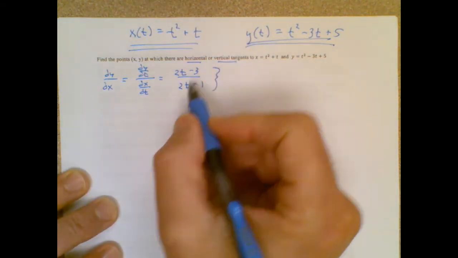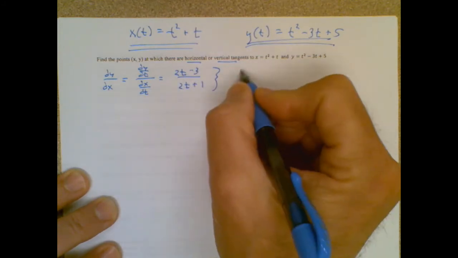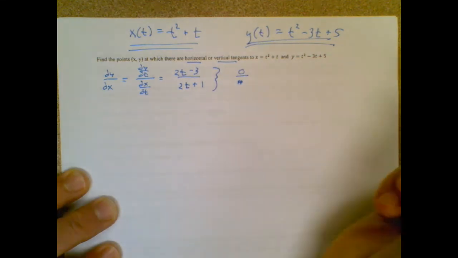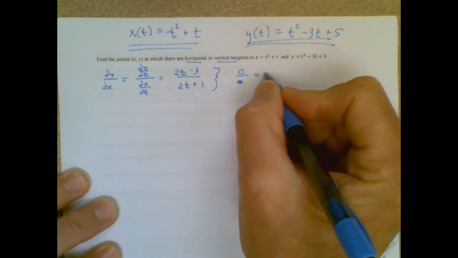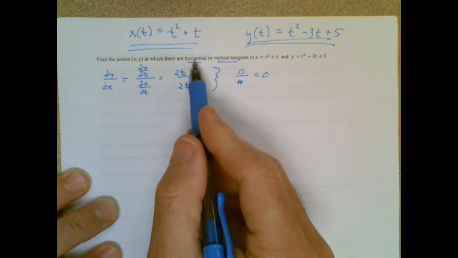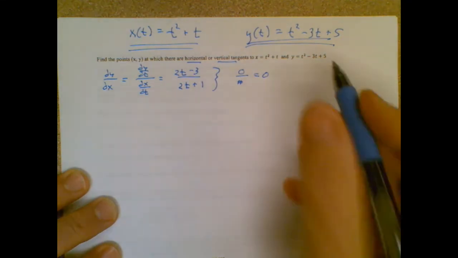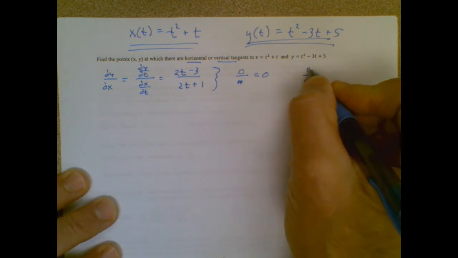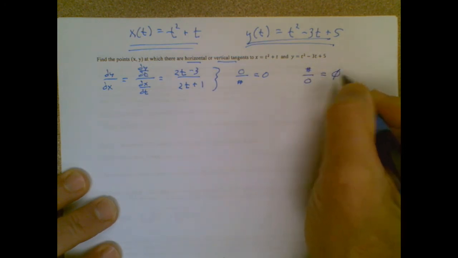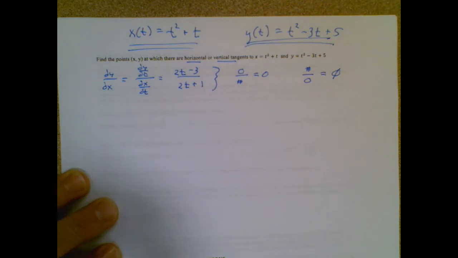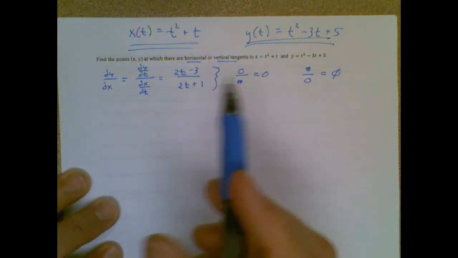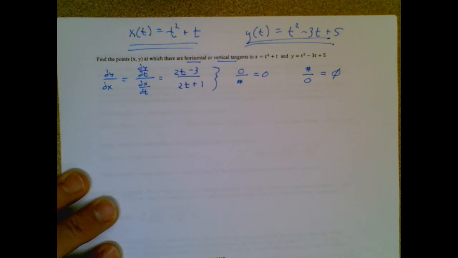So for example, when a fraction has a numerator of 0, no matter what's on the denominator, as long as that's not a 0, then the final result is a 0, which is the slope of a horizontal tangent. When a fraction has a 0 in the denominator, what you end up with is an undefined result, which would be a vertical tangent. So you really enjoy having a fraction. It makes these calculations a heck of a lot easier.